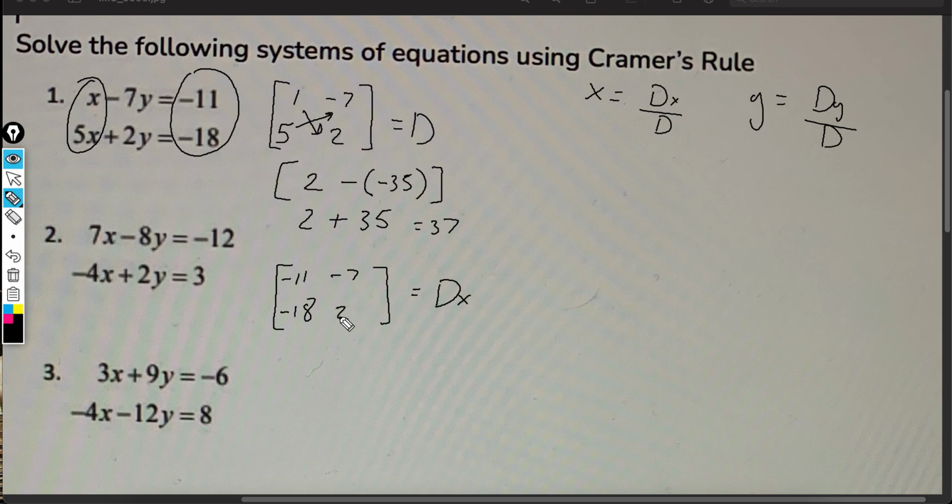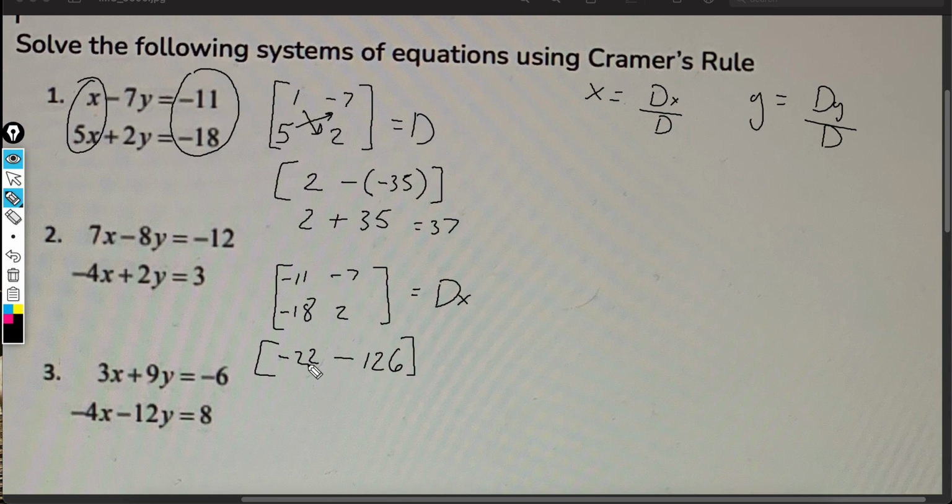-11 times 2 gives us -22 minus, now because of these, it's just part of the formula. -18 times -7. Hey Siri, what's 18 times 7? 18 times 7 is 126. Now, since it's negative times a negative, it's going to be positive.